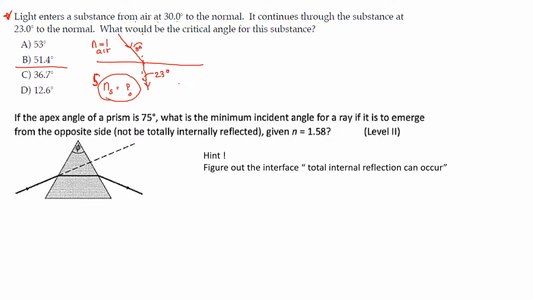So for the first medium, it is air. 1 times sine 30 is equal to n times sine 23. So your n is sine 30 divided by sine 23.